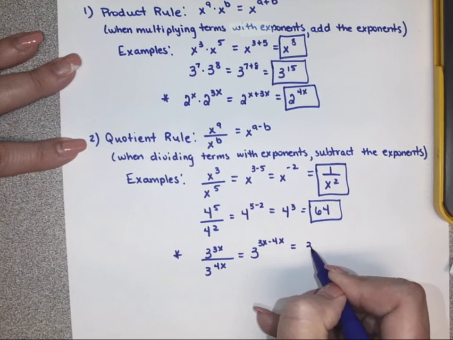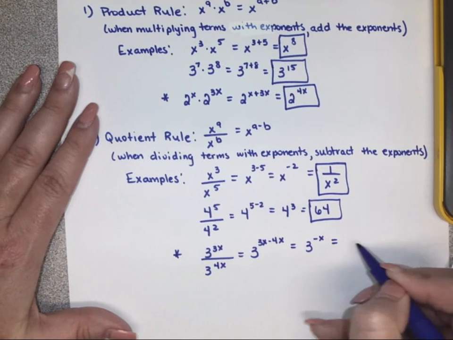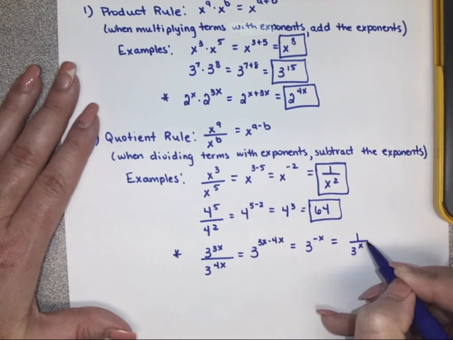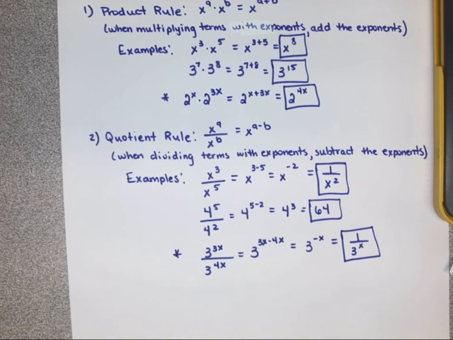So I end up getting 3 to the negative x power, which is the same as saying 1 over 3 to the x power, because negative exponents create what? Fractions. Okay, we really have to know that. So just like you wouldn't give an answer as 2/4 when you could reduce it to a half, I don't want you to leave an answer with a negative exponent. It's not considered simplified, so I want you to rewrite it as a fraction.